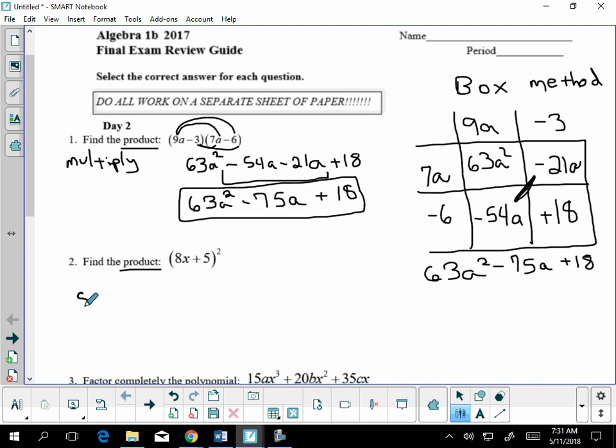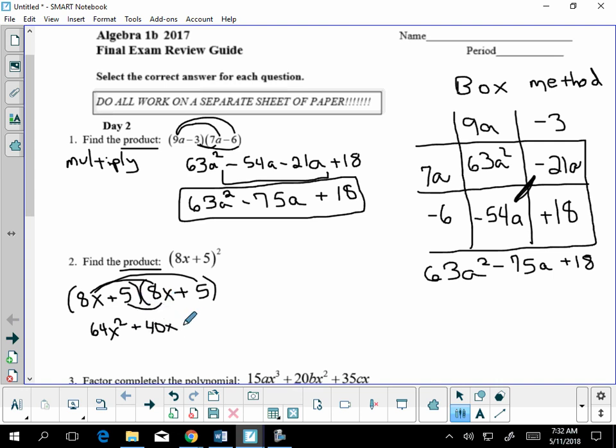So what that really means is you need to rewrite it as 8x plus 5 times 8x plus 5. And when you do that, 8 times 8 is 64x squared, 8x times 5 is 40x.